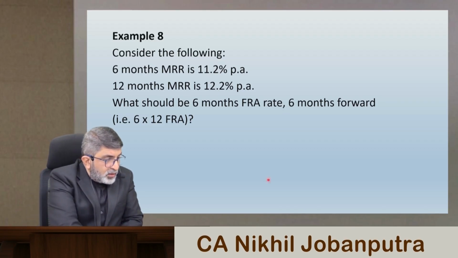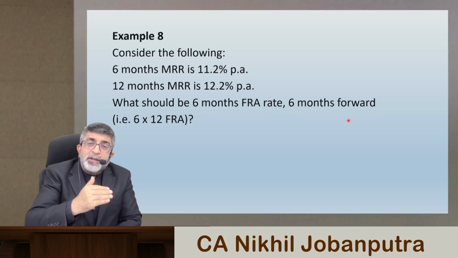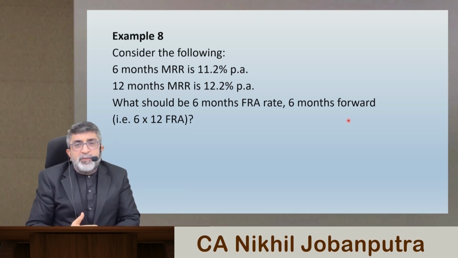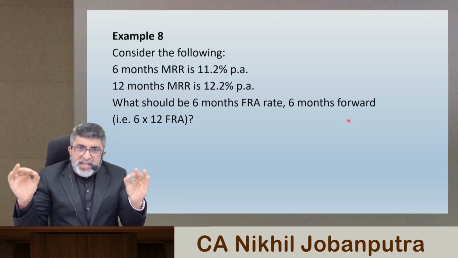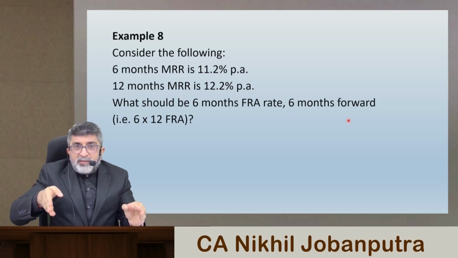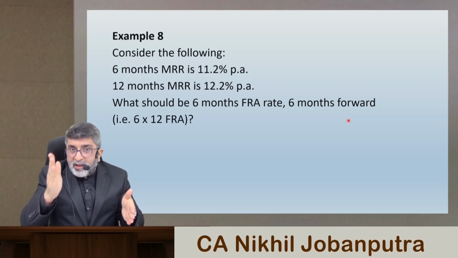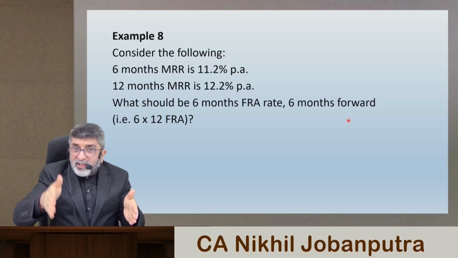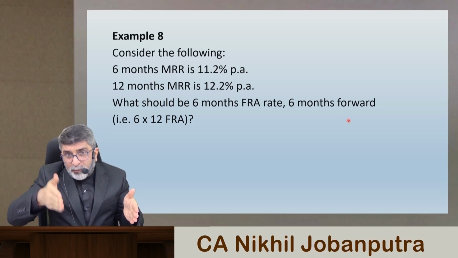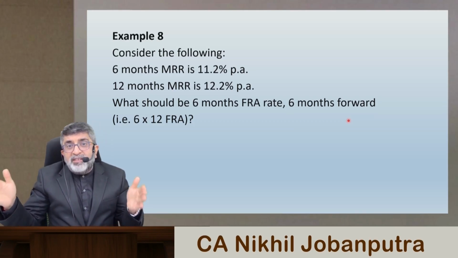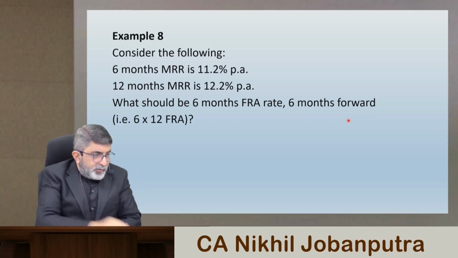If it is a 6-month FRA rate, 6-month forward, it means after 6 months the borrowing will initiate and the borrowing will be for a period of 6 months. So if you draw a timeline, start with 0, that is now. First 6 months will be the waiting period, that will be the first time stamp, that is 6 months, and then 6 months from there will be your borrowing period. So 6 plus 6, 12 months is your overall period.